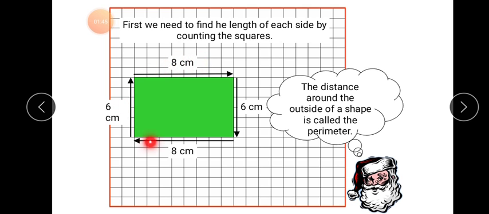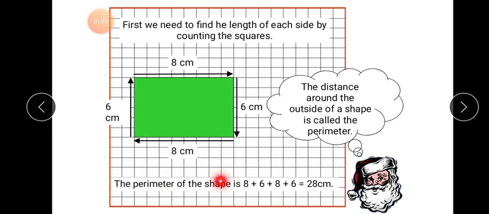The perimeter of the shape is 8 plus 6 plus 8 plus 6, which gives you how much? 28. So remember, the distance around the outside of a shape is called the perimeter.